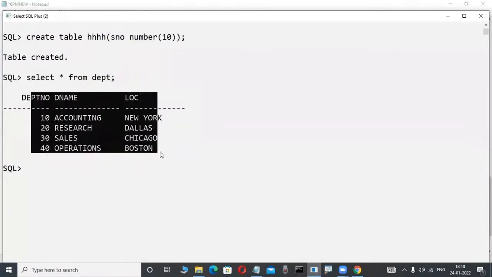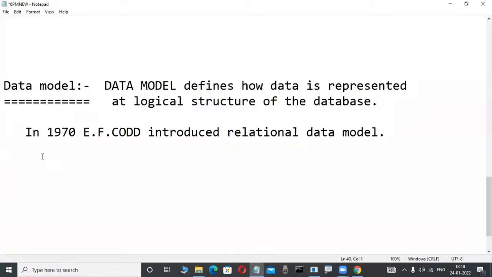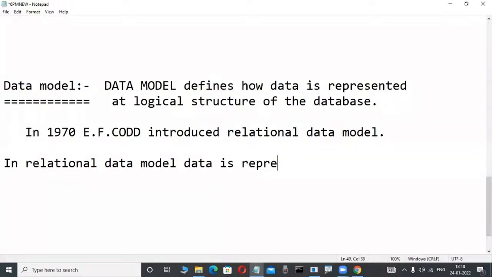This is a logical structure, which is not visible in the operating system. In this logical structure, data is represented in the format of rows and columns. That is nothing but two-dimensional tables. Observe it here: in the relational data model, data is represented in two-dimensional tables, in the format of rows and columns.